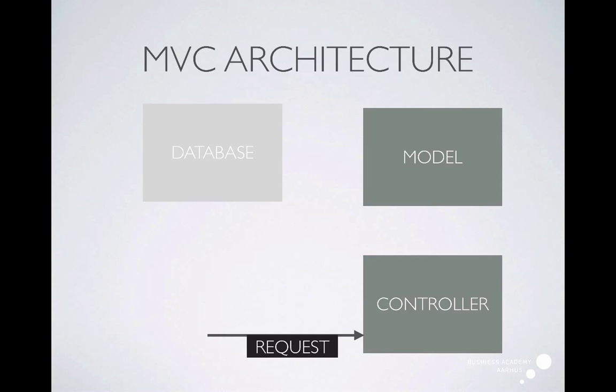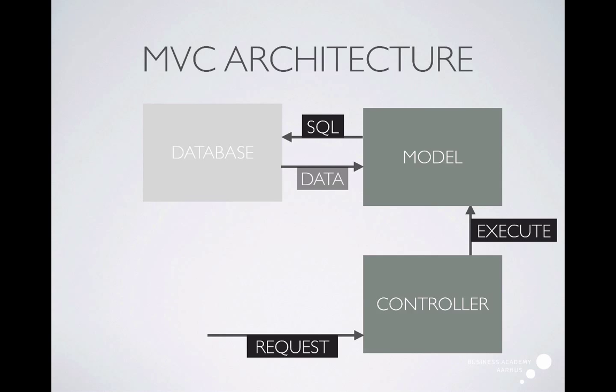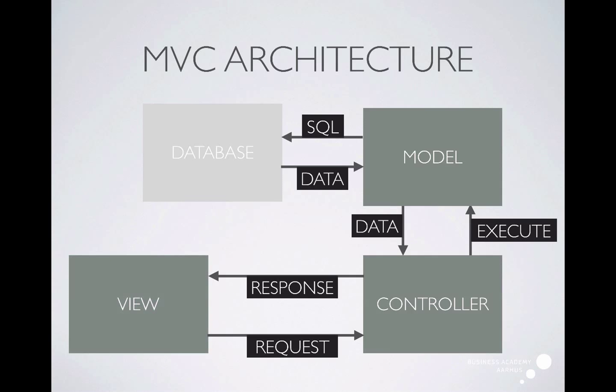The controller executes a method or some code in the model, and the model will then connect to the database and retrieve some data, which can be returned to the controller, and the controller can then push this data into the view as a response to the user. So this is one way of looking at the MVC design pattern.